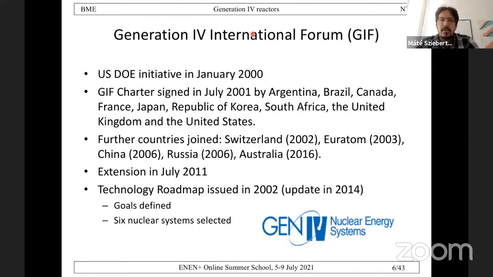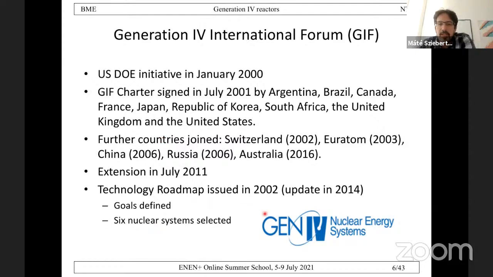This whole idea comes from the Generation 4 International Forum, which was an initiative from the United States in 2000. It practically provides a legal framework for this very complicated development process, which could lead to new reactor types, because it is quite obvious that it will need international cooperation between countries in order to be successful.